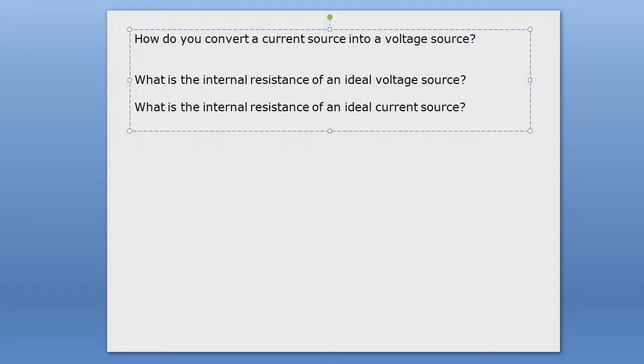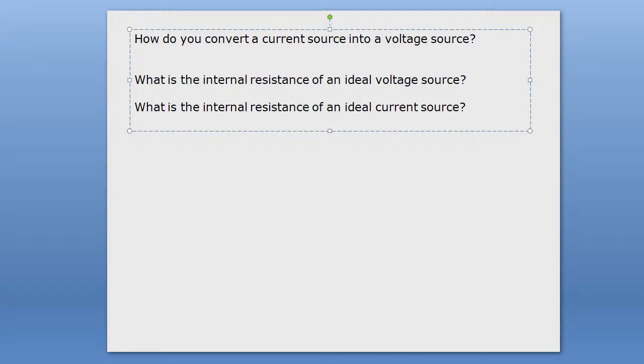My question is, how do you convert a current source into a voltage source? For a current source, you know that its internal resistance is infinite, and this source is connected in parallel with a resistance.